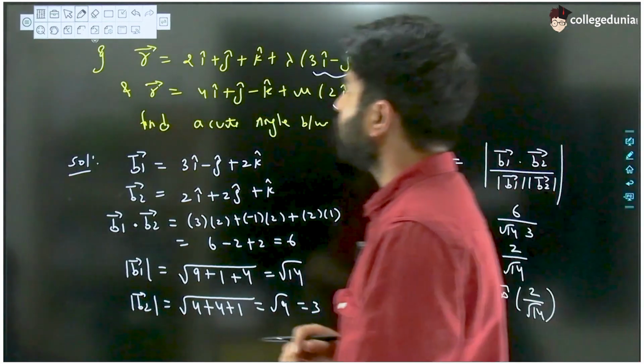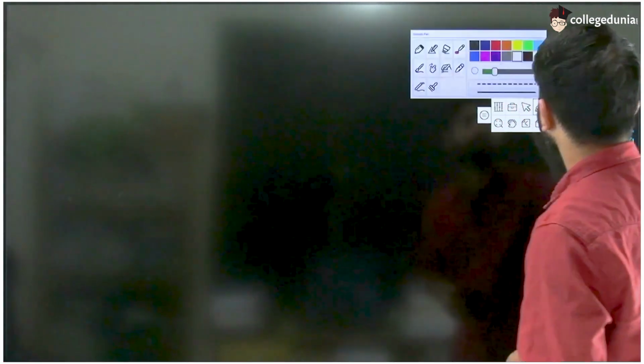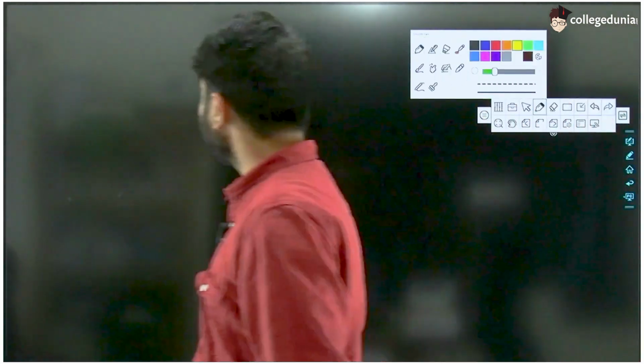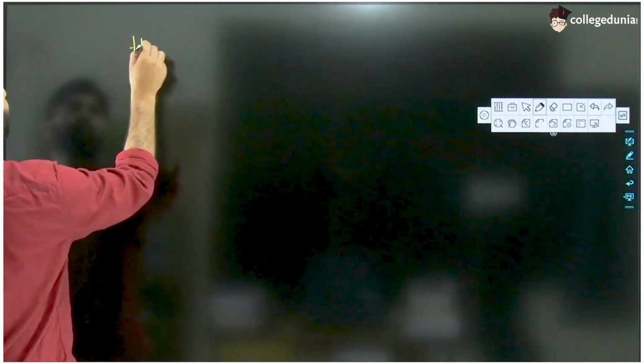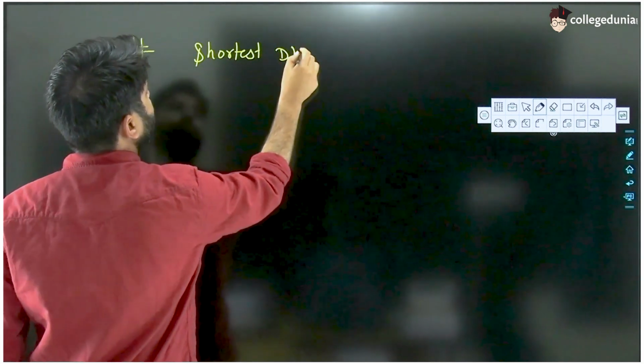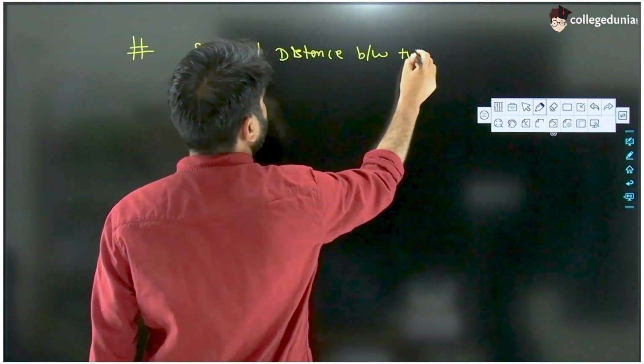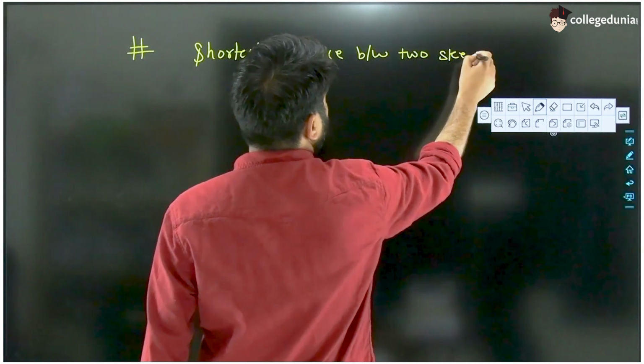So now moving forward, moving to the next topic, next concept. The next concept is very important for all the board students. Shortest distance between two skew lines.